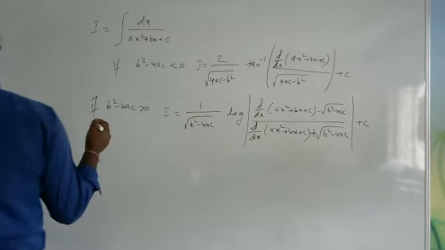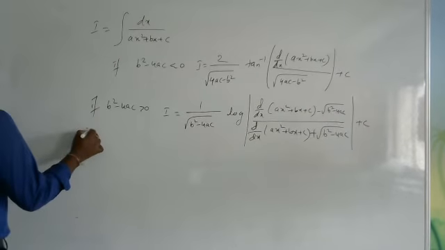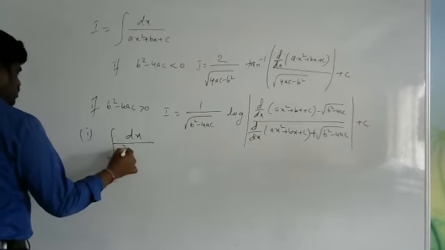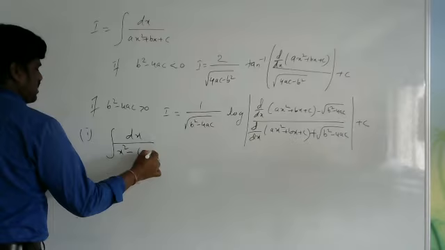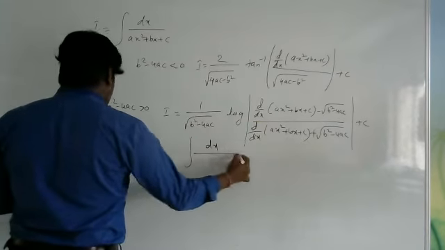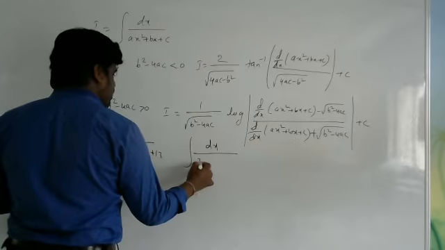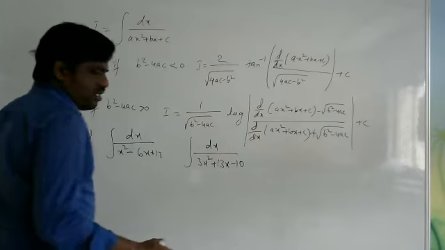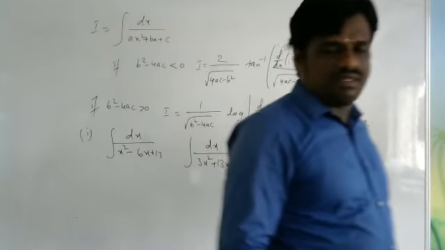So you can solve these questions. One question I am giving you: integration dx upon x square minus 6x plus 13. Next one, integration dx upon 3x square plus 13x minus 10. So here you have to find the integration of this.